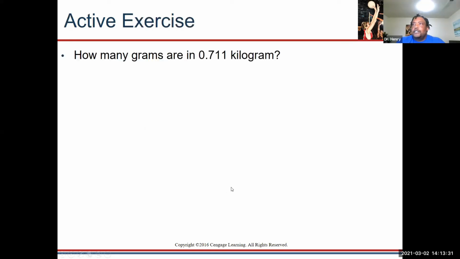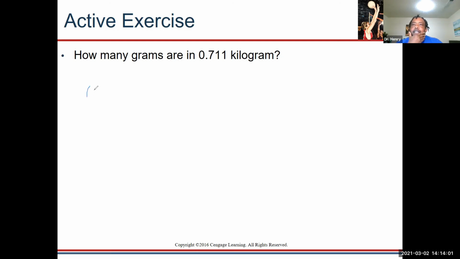Let's see. So how many grams are in 0.711 kilograms? Nate, help me out here. Ooh, awesome. Go ahead, Christina.